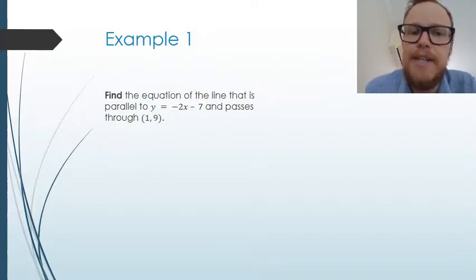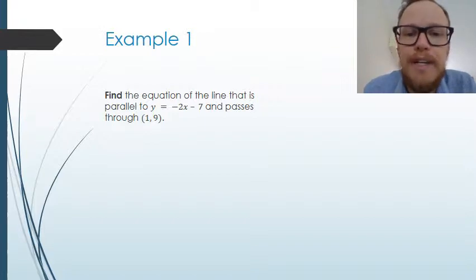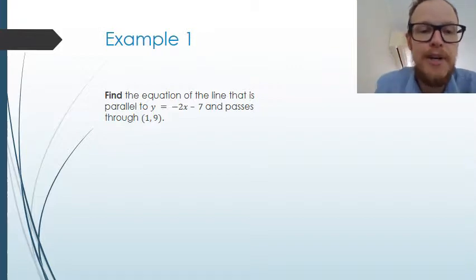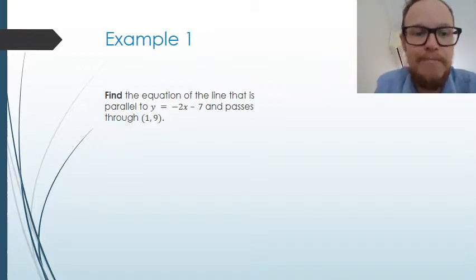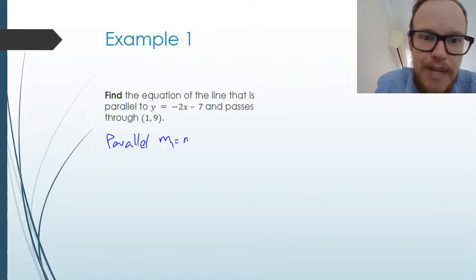This example says find the equation of the line that is parallel to y equals negative 2x minus 7 and passes through the point (1, 9). So firstly we need to determine the gradient. Because it's parallel, the gradients are the same. So that means that m1 is equal to m2, and that equals negative 2, because we've got our format here, y equals mx plus c.